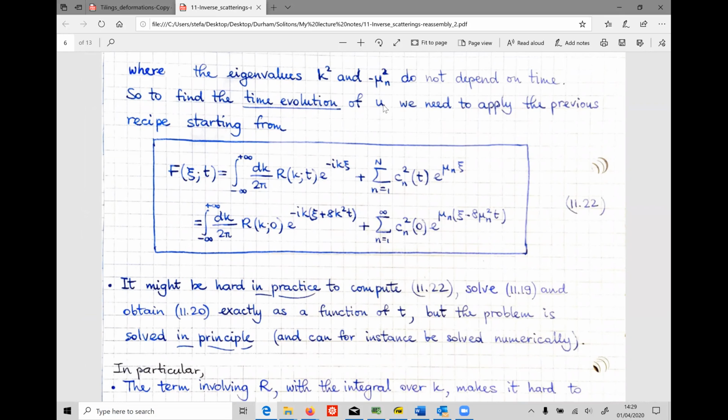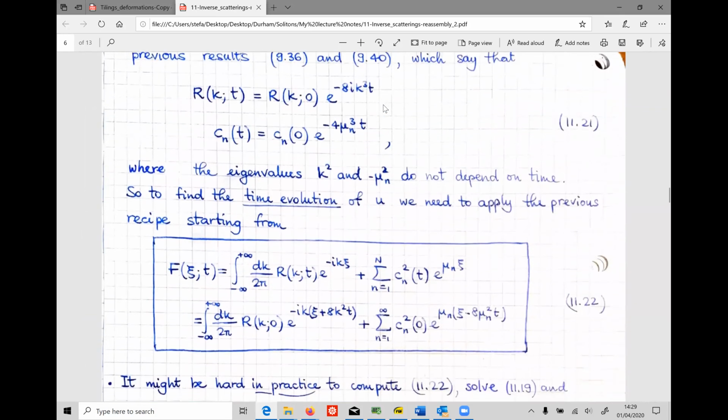And then in the next line, I'm using the time evolution of the reflection coefficient and the coefficient Cn, which we computed in a previous chapter and which I wrote in 11.21.